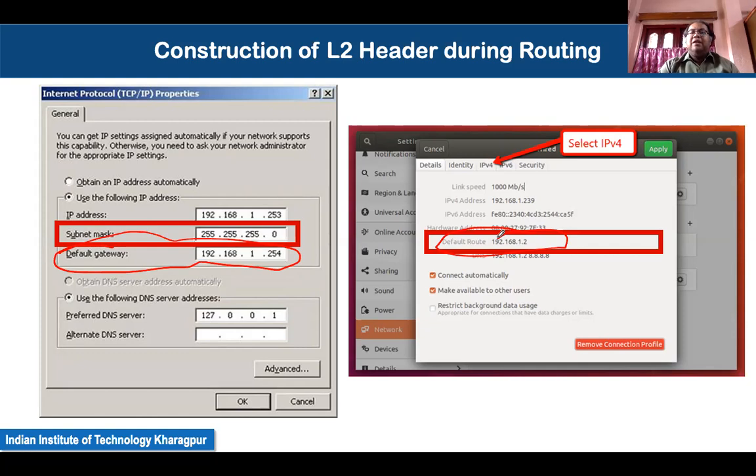If you are manually configuring the IP of your machine, your network service provider will provide you all this information: the IP address, subnet mask, default gateway, and at the same time your DNS server information. Or if you are using dynamic host configuration protocol, DHCP, to automatically generate your IP address, then your machine will get the IP address, net mask, as well as the address of your gateway.